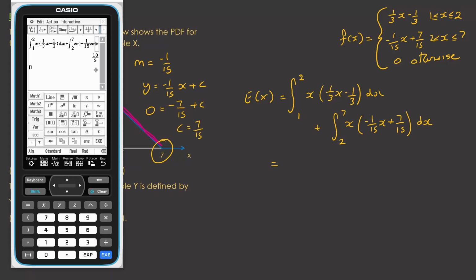Using the calculator to calculate that gives me 10/3.